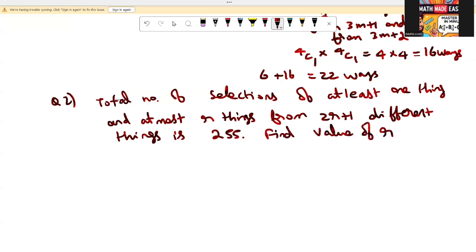Okay, so see the beauty here. This 2r plus 1 is an odd number, right? 2 multiple plus 1 is an odd number. So I wish to recall the Pascal triangle here. We'll see how every odd row behaves. I'm rewriting the Pascal triangle for you.